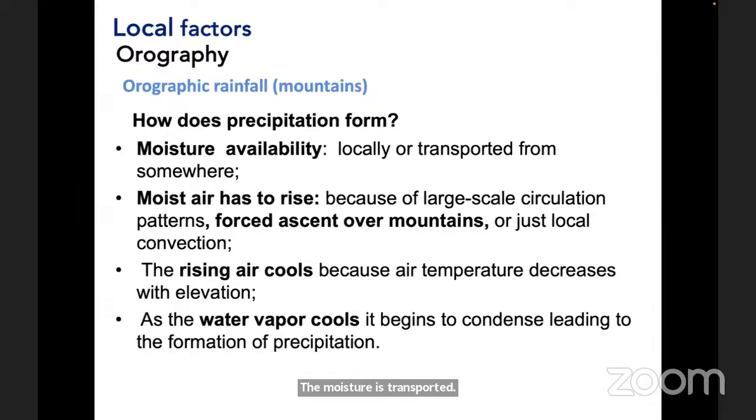For Africa, the moisture comes from the Atlantic Ocean and the Indian Ocean mainly. So the moisture comes and provides rainfall for different parts of the continent.